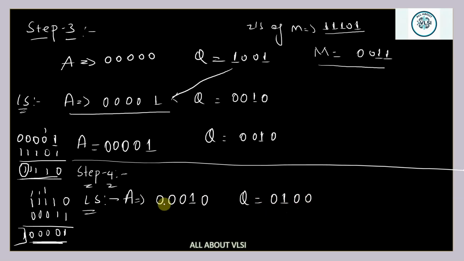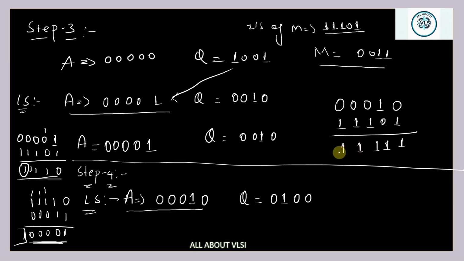Now what can I do over here? I'm going to subtract M from A, that is A plus 2's complement of M, which is 00010 plus 11101, which is 11111. So again I'm getting a value which is negative. So what can I do?